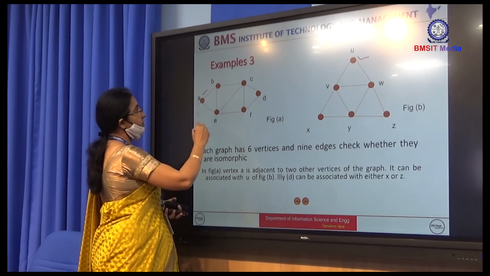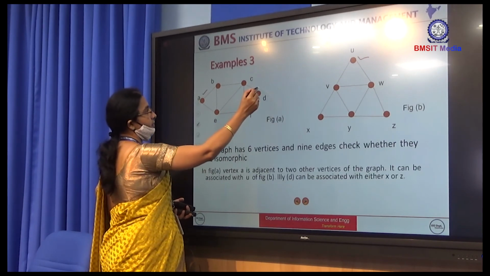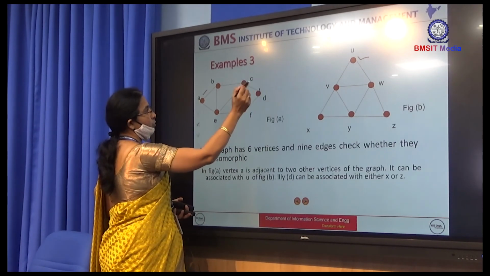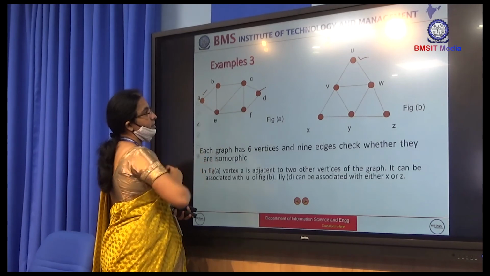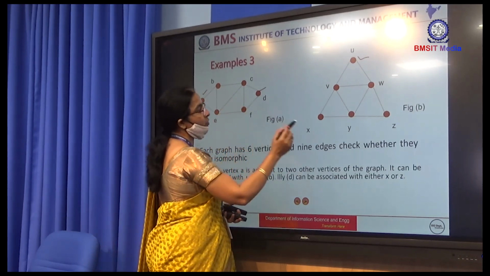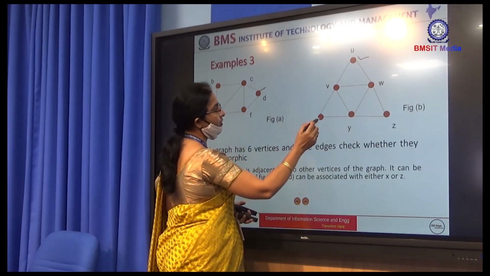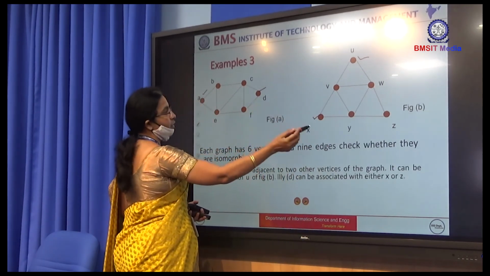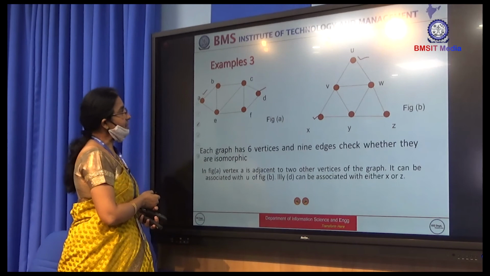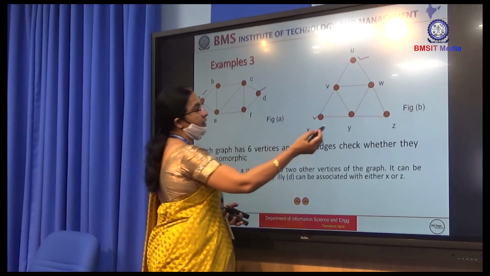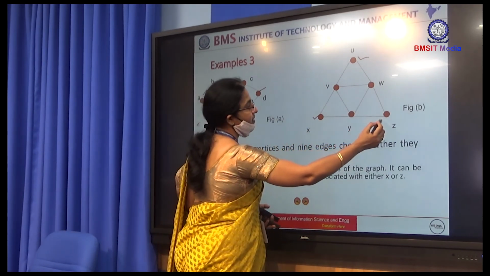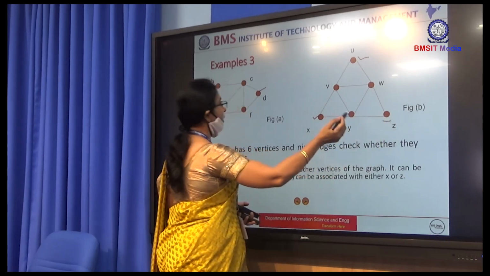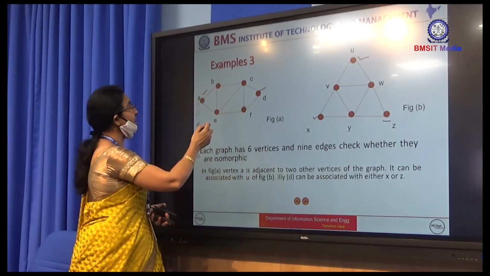And next I'll consider D. D is having 2 edges, degree 2. So I am checking degree 2 in this graph. Here X is having degree 2, so I can map D to X. Next, Z is having degree 2, and I am trying to map that degree 2 here.